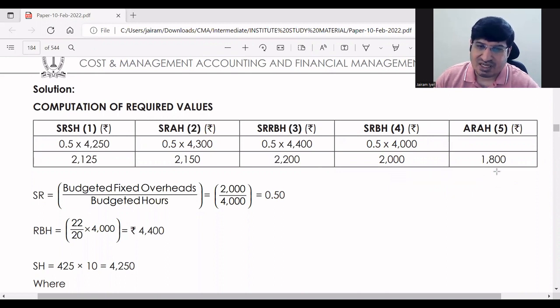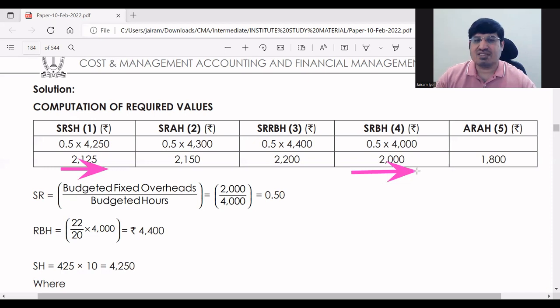Then next is your volume variance. Now, for the next 3, you have to remember how it will be. Your volume variance will always be this standard minus budgeted.